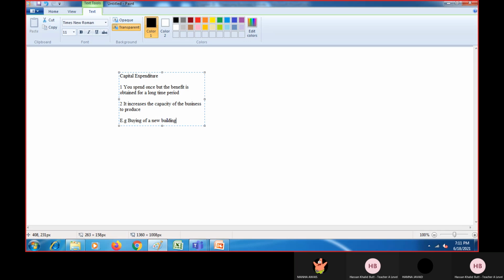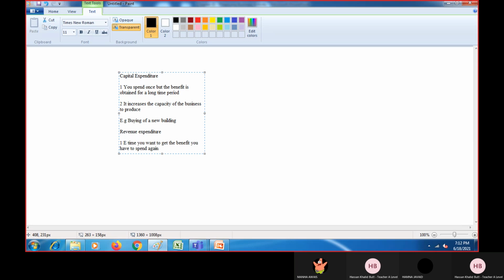Whereas if I talk about revenue expenditure, again conditions, one is each time you want to get the benefit, you have to spend again. Or every time, I think it's a better word.